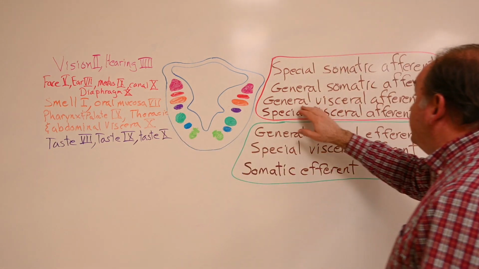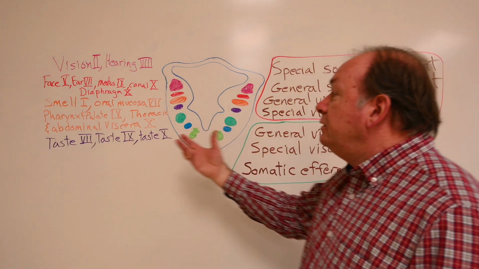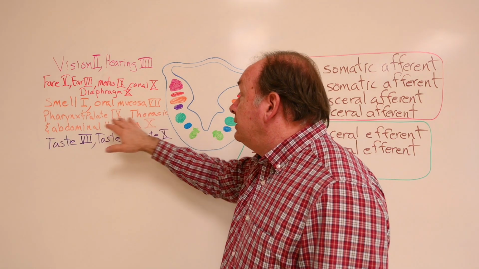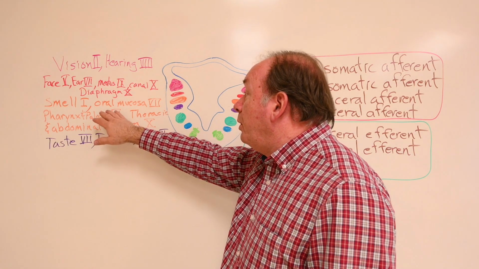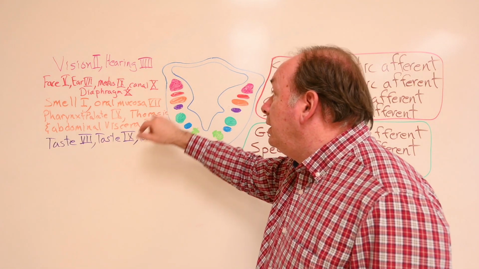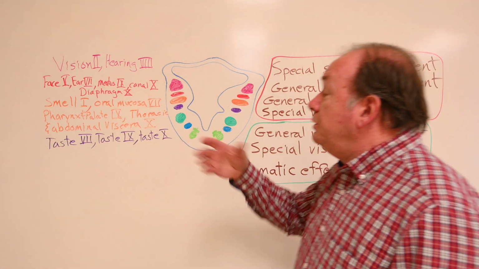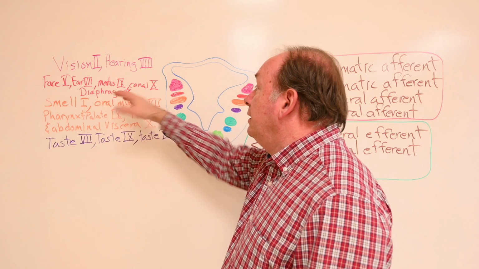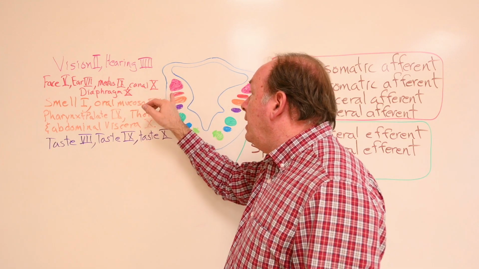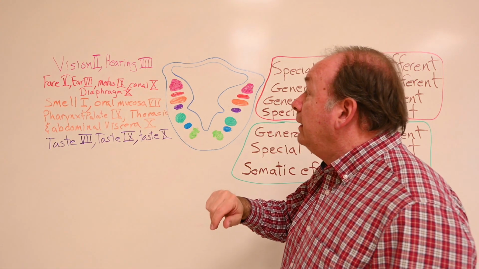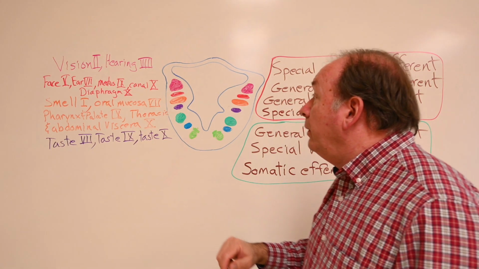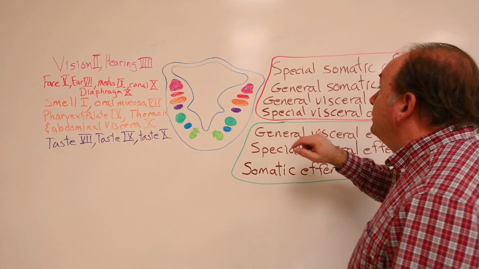your general visceral afferent information from your pharynx, thoracic and abdominal visceral, your mouth, all those things come in here, and they include smell with that. And then general sensation from the face, the ear region, and the diaphragm come in just above that. So those are somatic, not visceral.